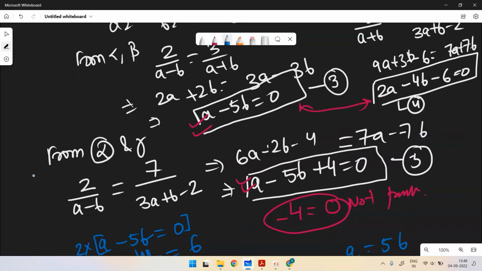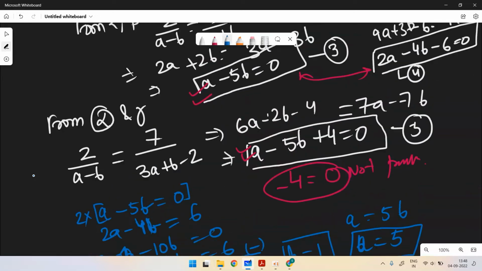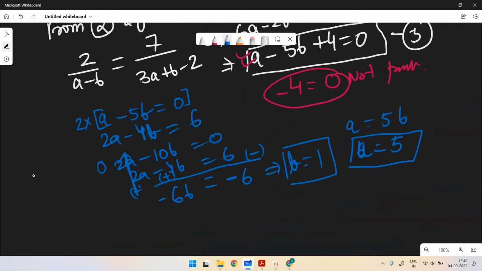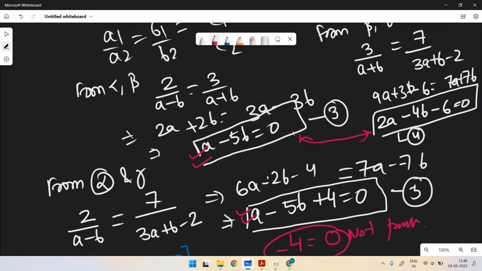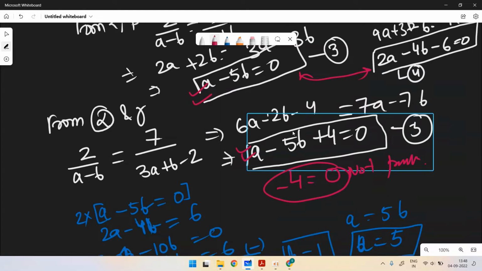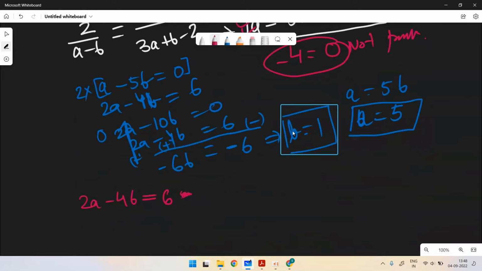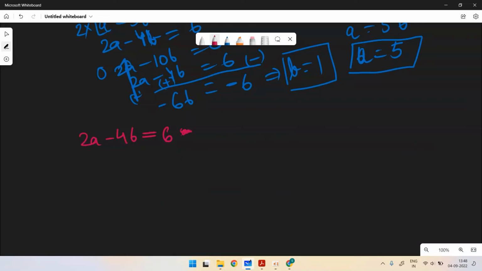We have done 3 and 5, we have done 3 and 4, now it becomes 4 and 5. So using 4 and 5, 2a minus 4b equal to 6, and a minus 5b equal to minus 4.